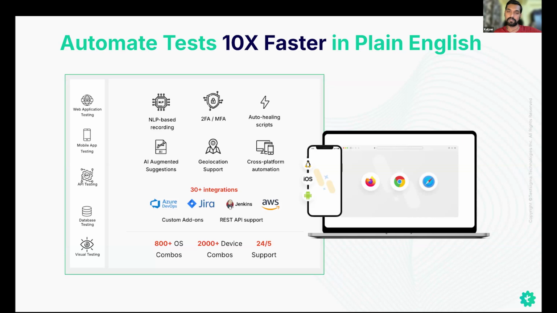We have a device farm integrated within Testsigma, through which you'll be able to run your tests on 800 plus browser OS combinations and 2000 plus real mobile devices. We also support 30 plus integrations natively within Testsigma with some popular QA tools like Azure DevOps, Jira, Jenkins, AWS, Slack.